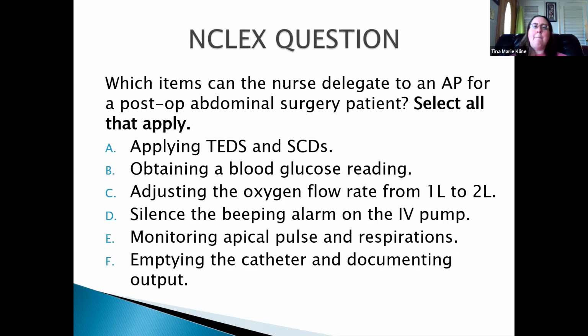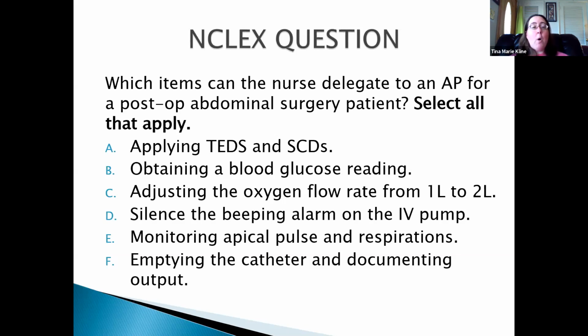Okay, E, monitoring apical pulse and respirations. This is the one that, just looking at your responses, some people picked E, some people didn't. Okay, E is a no. And let's talk through why. There's 2 different things in there that tell me that no, the AP should not be doing this. And the first thing that tells me no, this isn't an AP thing, is the word monitoring.